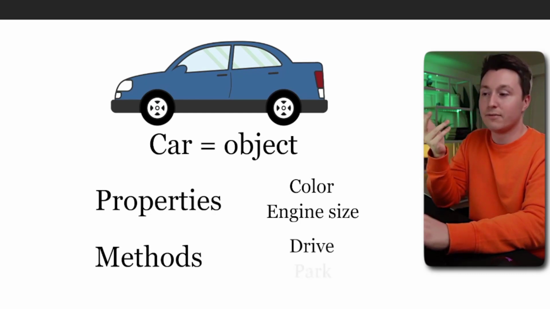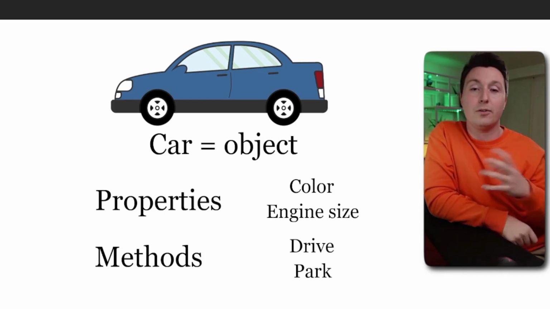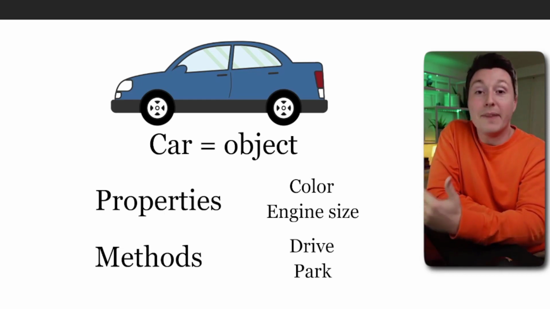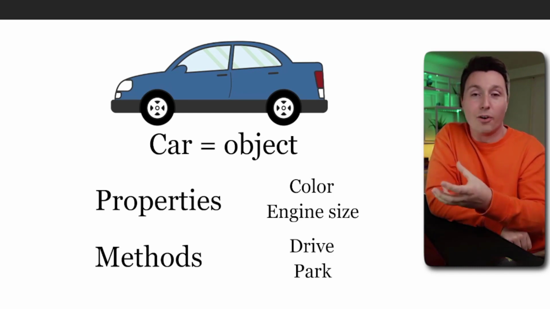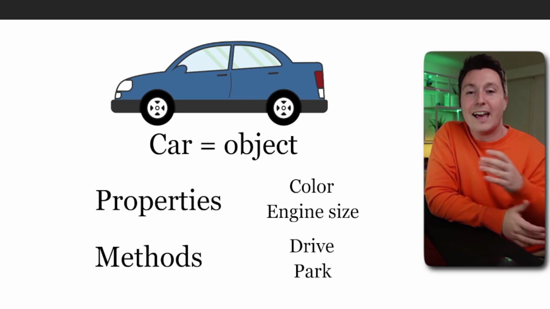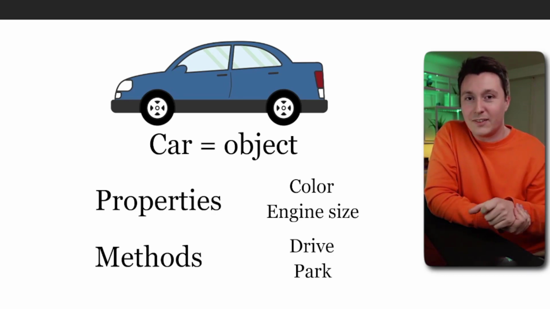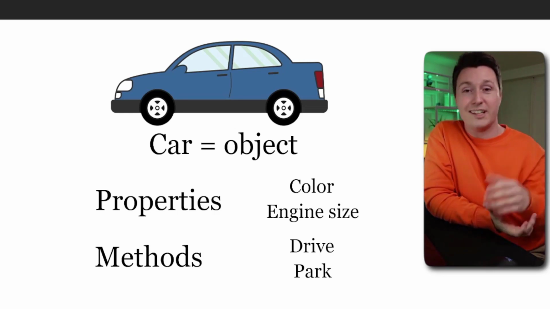So to drive or to park, that is something that the car can do, or that could be done to the car. Those are methods. So we have the car, which is an object, and everything in the car is actually an object. But everything in the car has properties that can be changed, like the thickness of the windows or the color of the car.